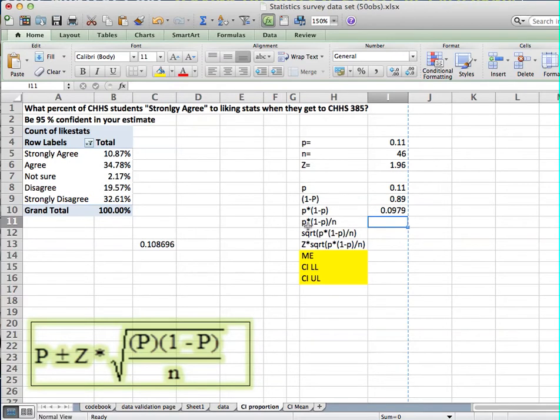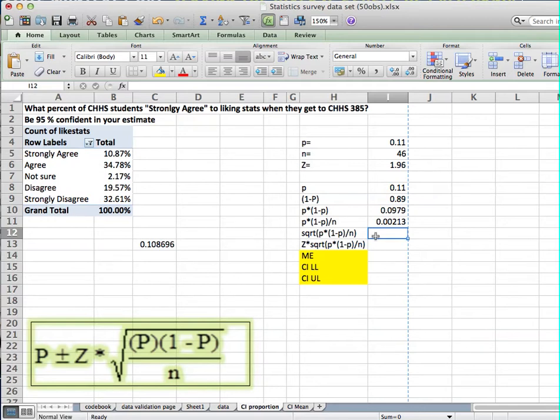Now, P times 1 minus P divided by N, right? To get all of this that is under the square root sign. So this is this thing divided by N. Now, the square root of all that.